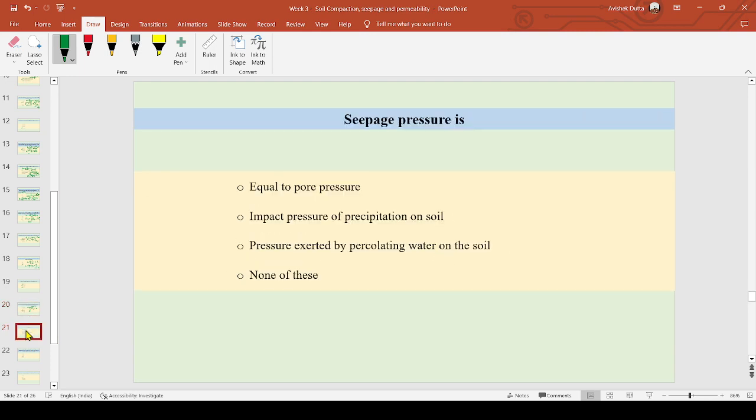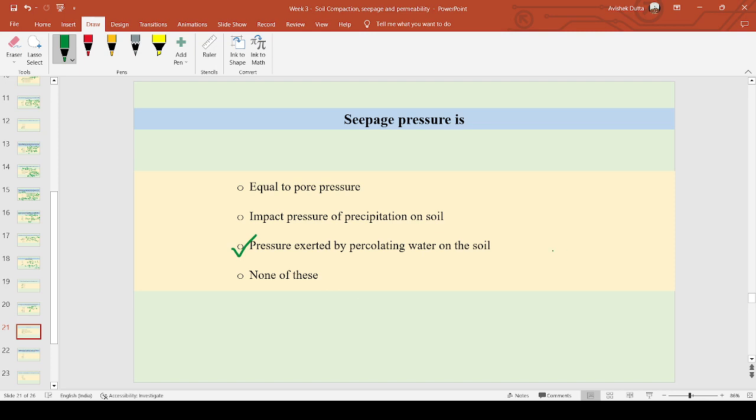Okay. Seepage pressure is, what is seepage pressure? It is the pressure exerted by percolating water on the soil.